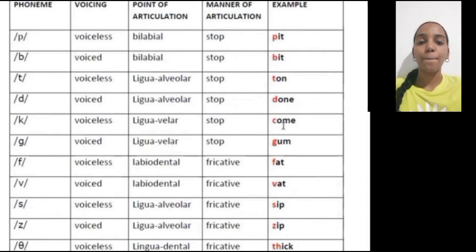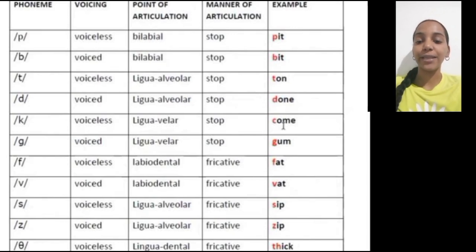An example is pet. The second phoneme is b, which is voiced because the vocal cords vibrate. It is bilabial as well. It is a stop, and an example is bet.